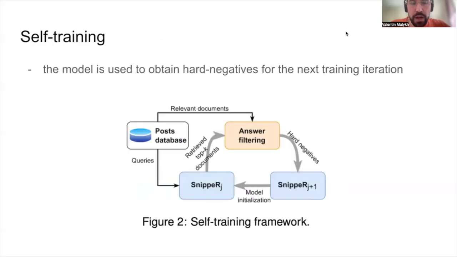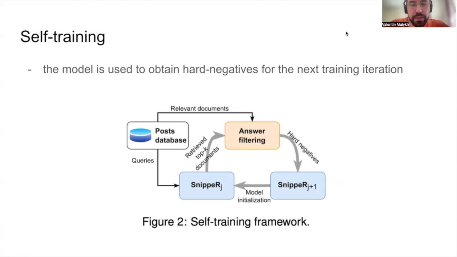So where do we actually get these hard negatives? We get them not from any trained model, but from our model. So firstly, we just initialize our model somehow, for example randomly. We train it on the database of documents we have retrieved, and we know the relevant documents from the database.